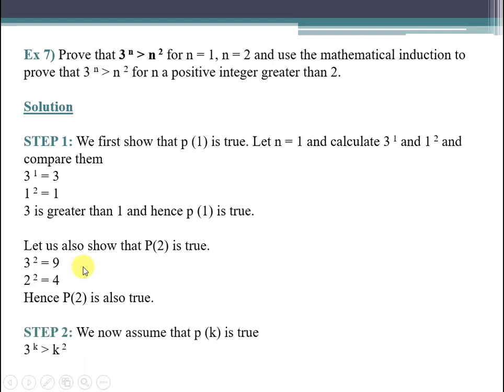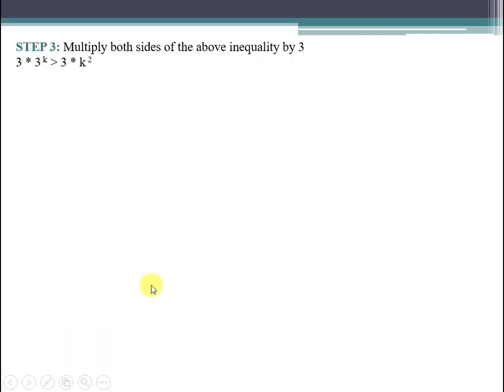And now step 2. We assume that Pk is true, which means 3 to the power of k is greater than k squared. Now we should prove it for any positive integer greater than 2. We showed it for 1 and 2 firstly. Okay, and step 3, multiply both sides of the above inequality by 3.